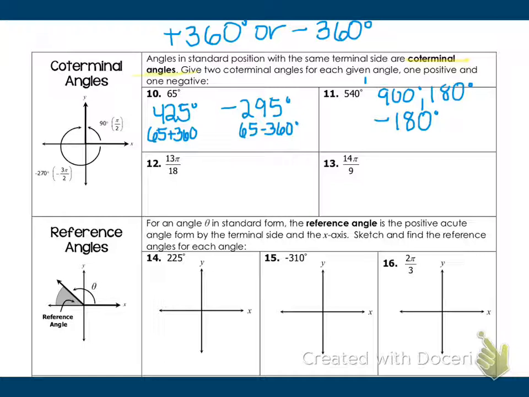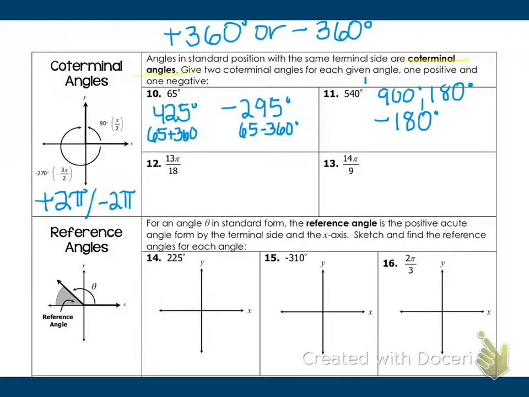Or you could just simply know that instead of 360 degrees, one whole way around the circle is 2 pi. So instead you could just add or subtract 2 pi or multiples of 2 pi. That way we would just stay in radians the whole time.